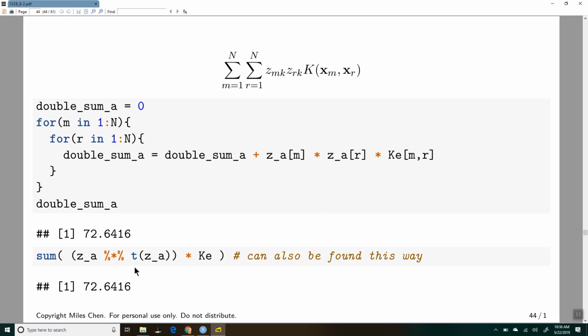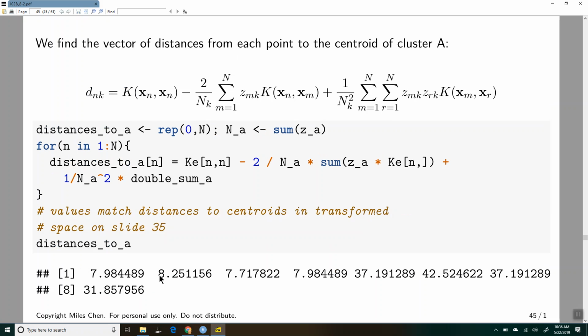You can also be a little bit creative and just do ZA times ZA transpose and do element-wise multiplication with the kernel and sum that up, and you get the same thing. But you can calculate the double sum using this, which is also equivalent to doing this. And you can mess around to see how it works.